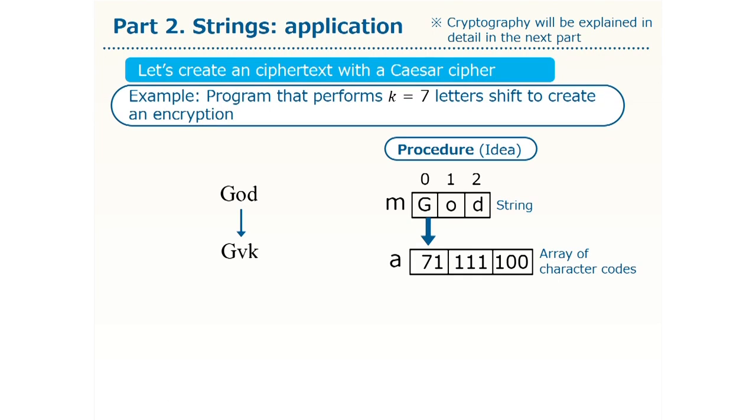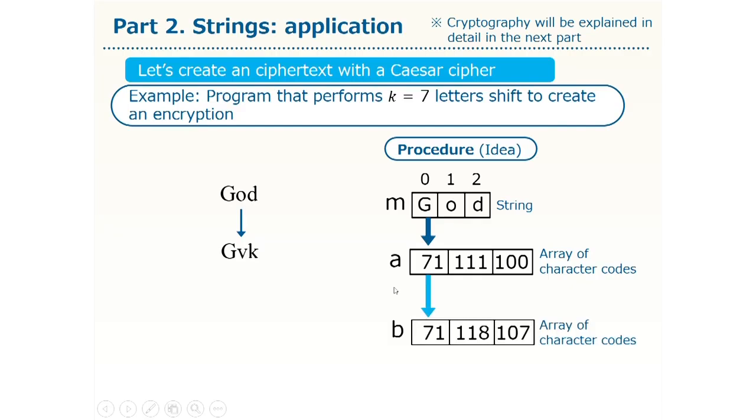Let's use an array A for keeping the code. Then we will shift it. The uppercase letter G is not shifted, but with lowercase letters, the code for o is 111, so it shifts by 7 and places to 118.